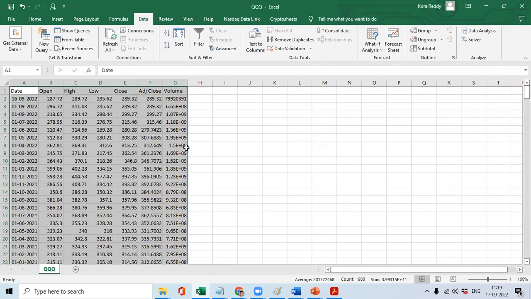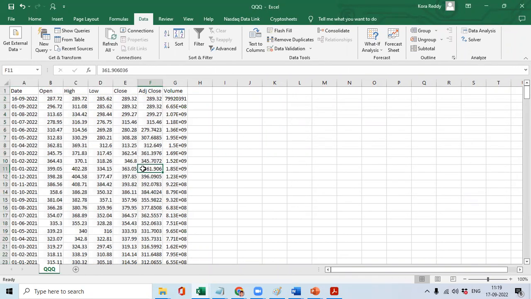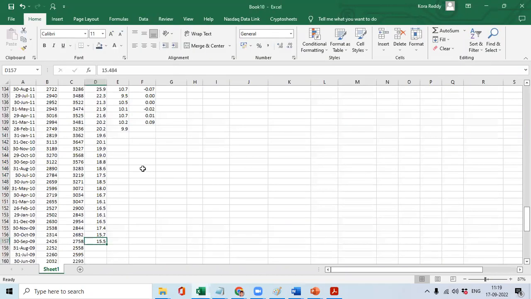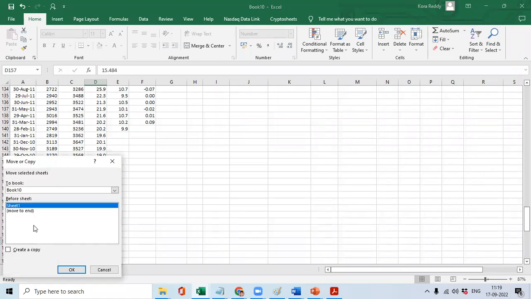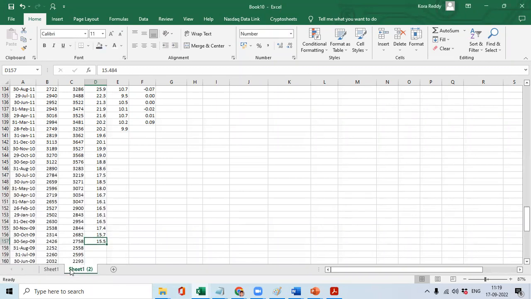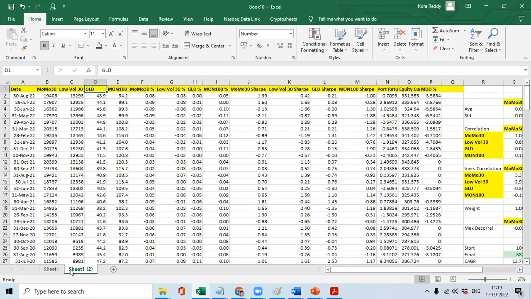These are not rupee equivalent, so you have to multiply with rupee, but that's secondary. So this will become QQQ.